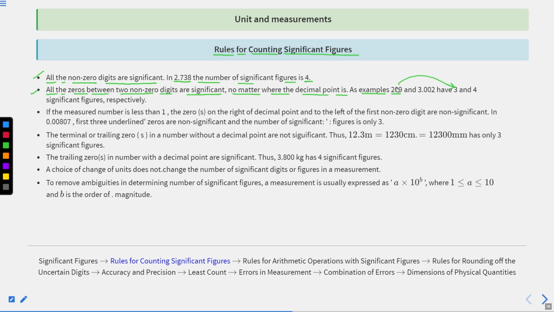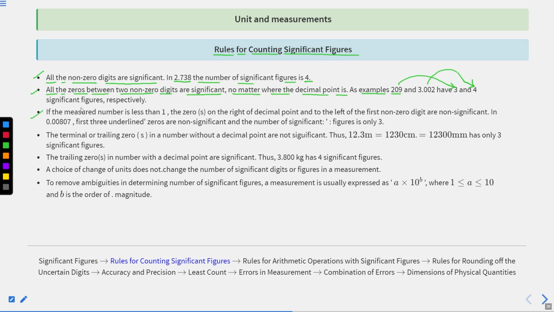This one has 3 significant figures, and this one has 4, because all zeros between two non-zero digits are significant. This zero is between 2 and 9, and these zeros are between 3 and 4, no matter where the decimal point is present. Clear?